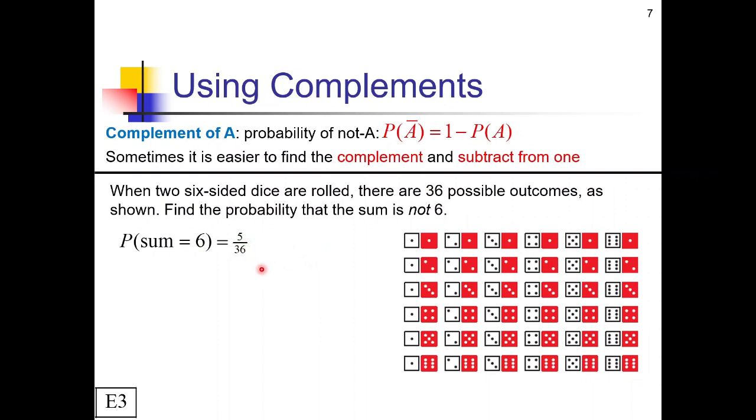Now, this is the complement of what we're actually looking for right here. So if we want to find the probability of not 6, we just have to take the probability of 6 and subtract that from 1. So not 6 is just going to be 1 minus 5 over 36, which if we get a common denominator, that would be 36 over 36 minus 5 over 36. That's just going to be 31 over 36.